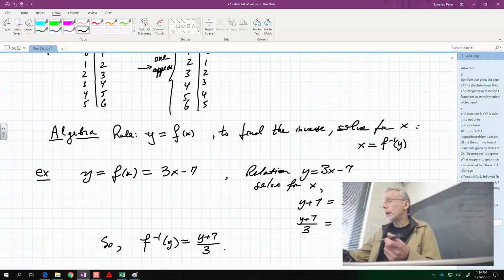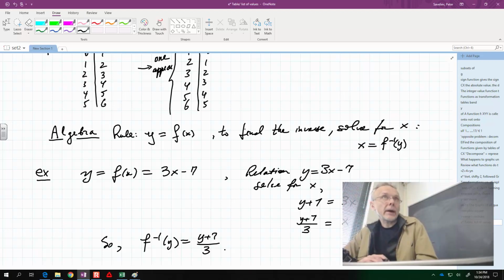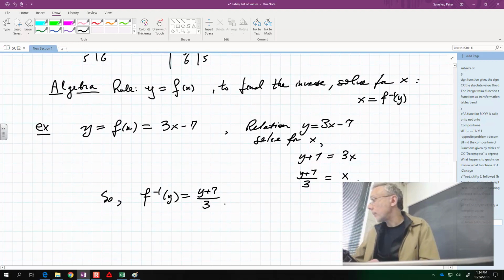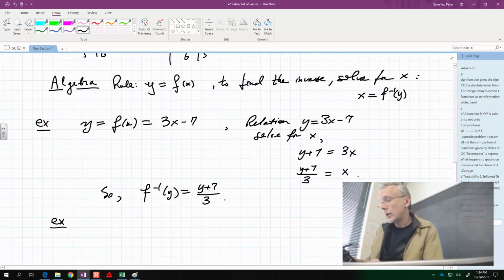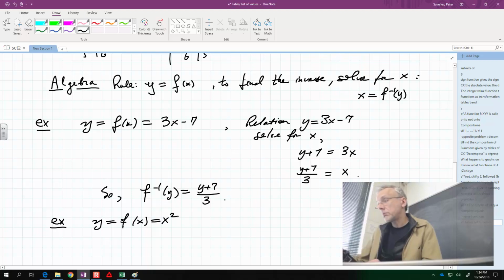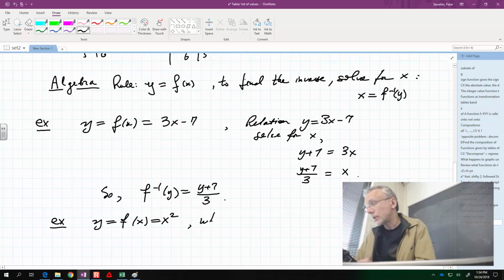Frequently, you won't know ahead of time whether the function is one-to-one and onto, but as you're solving this equation, you will find out. Here's an example of how ahead of time you don't know. You say y is equal to x squared, f of x is equal to x squared, and maybe you ask yourself, what's the inverse?